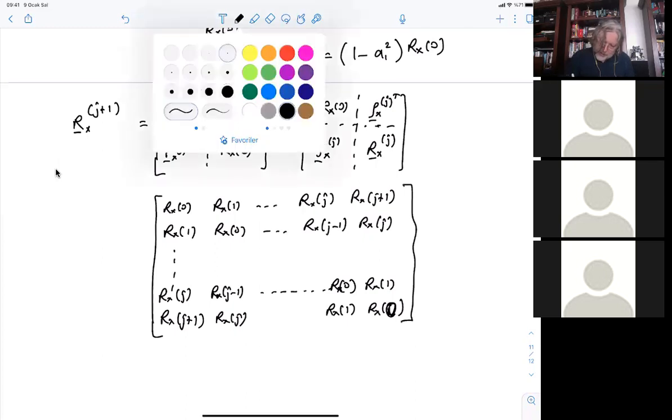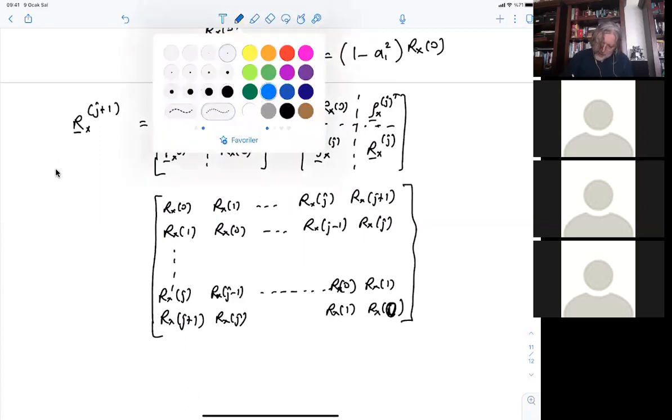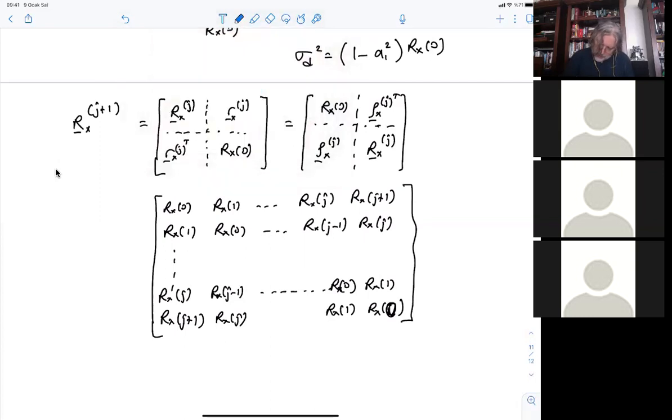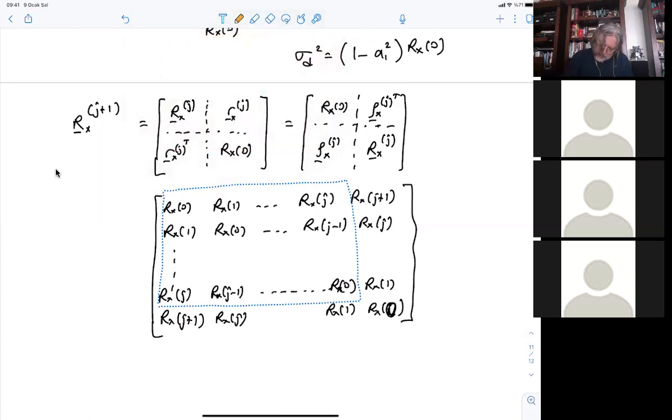What I'm doing is, let me use it in blue and let me use the dashed one. I'm first using it from here to here, and I'm calling this the Rx of J matrix. And the other one, for the second equation, I am using this part.